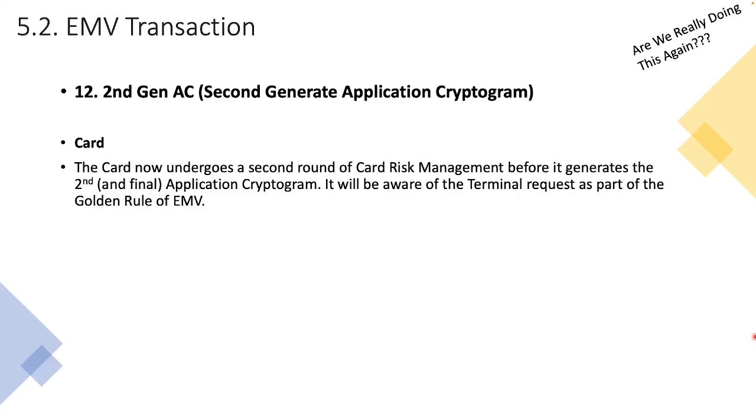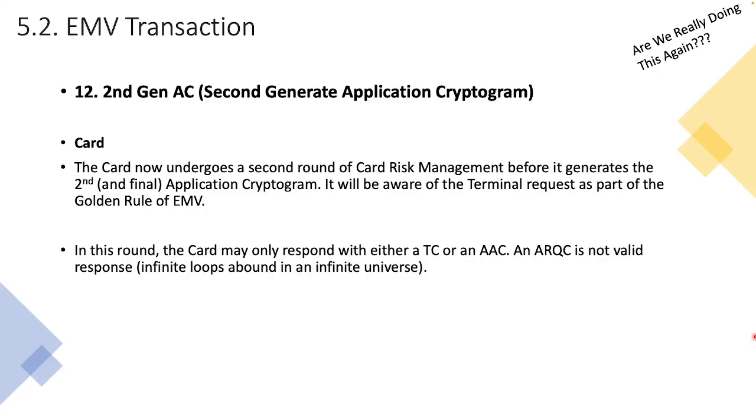So the strictest rule applies. We will try to find a reason to decline before we will try to approve it. Okay, so in second gen AC, unlike first gen AC, the card may only respond with a TC or an AAC, right? So an approval or decline.